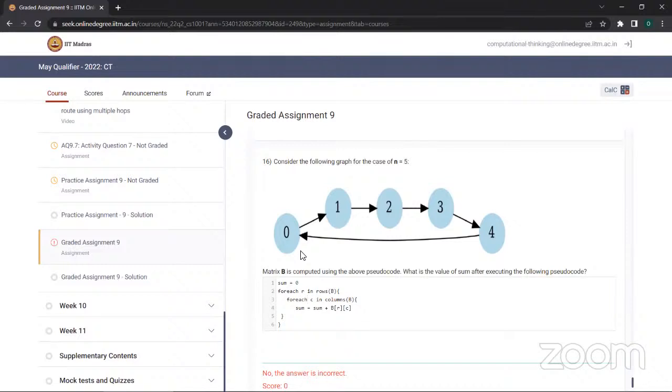Are you getting my point? Yes, sir. See, whenever you find a path, let's say initially 0 to 2 was 0 in the matrix. You found a path from 0 to 1, 1 to 2, and because of that, you made 0, 2 as 1, right? Correct?